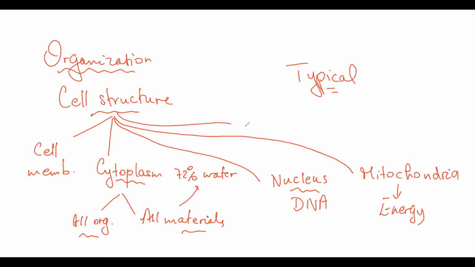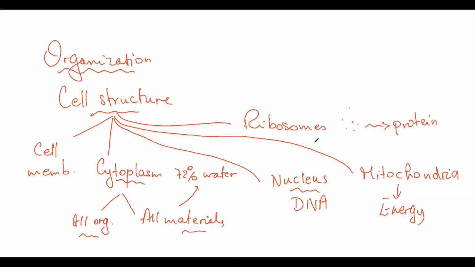Also, the typical cell must contain ribosomes, and these are very, very minute organelles, the smallest organelles, and they are responsible for protein synthesis. Because at the beginning, I told you that protein is called the vital molecule, or the molecule of life. That's why I have to mention it here as a principle, an important organelle that is found in the cell.